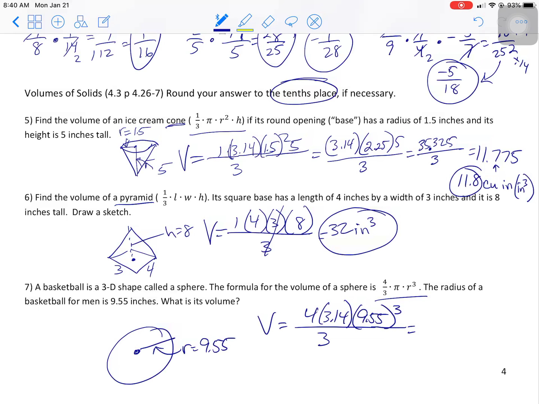Okay, so order of operations, make sure you're doing 4 times 3.14 times whatever 9.55 cubed is. A very big long number. Do not chop it. Keep all the decimals. Keep it in your calculator if you can.